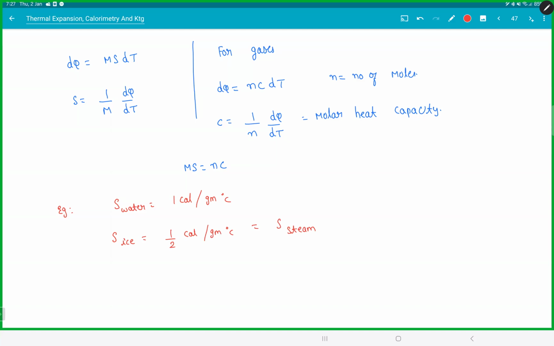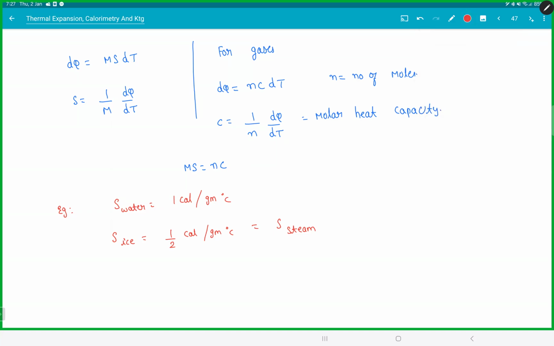Water is 1 calorie. So different materials are different. But these values you should remember for water and ice. For other objects, they'll give you normally. Clear with this?